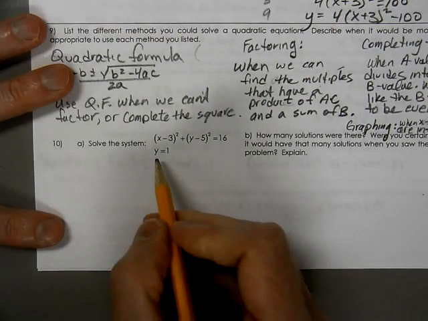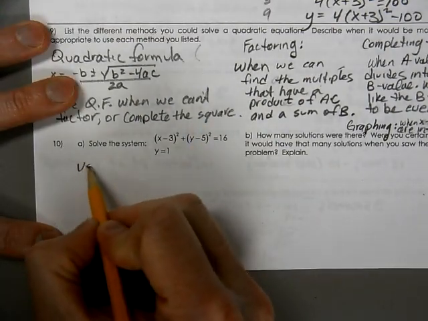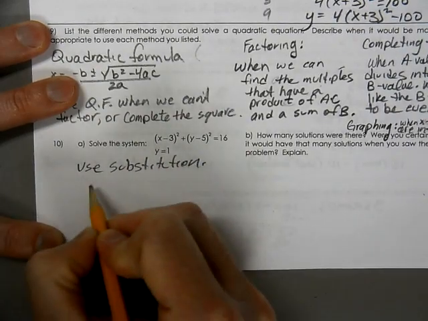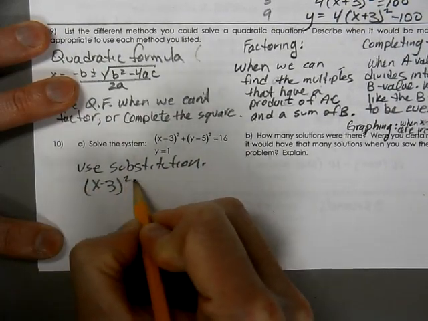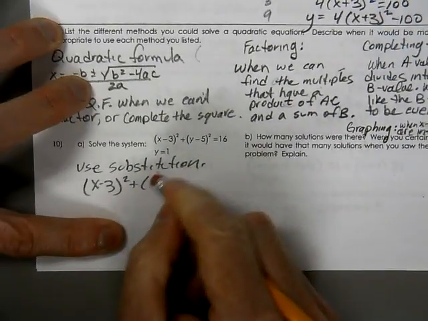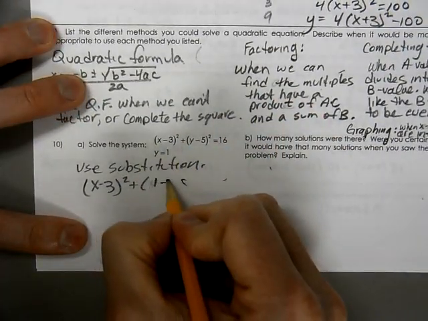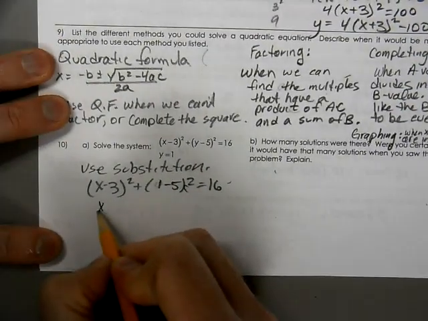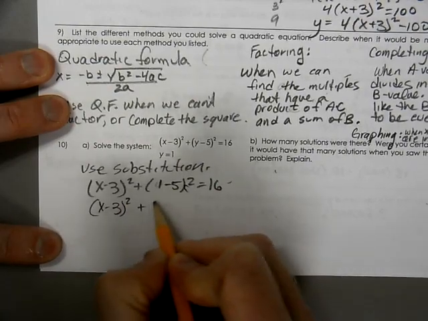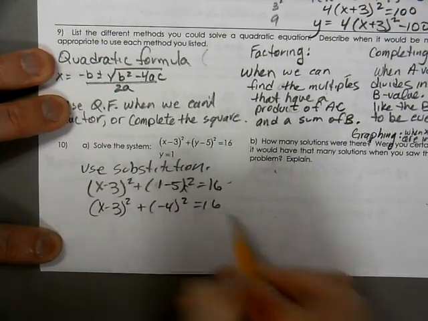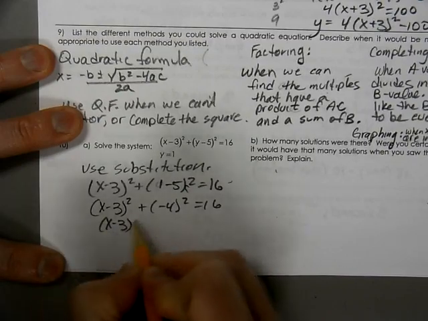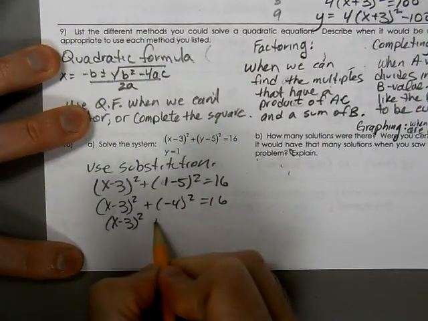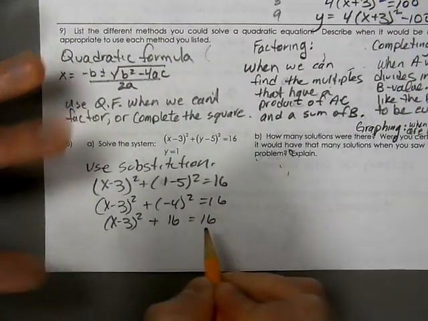We're going to solve this system. Well, if we're going to use substitution, we'll take x minus 3. Our y value is 1. And we have x minus 3 plus negative 4. We're squaring that. X minus 3 squared equals 16.